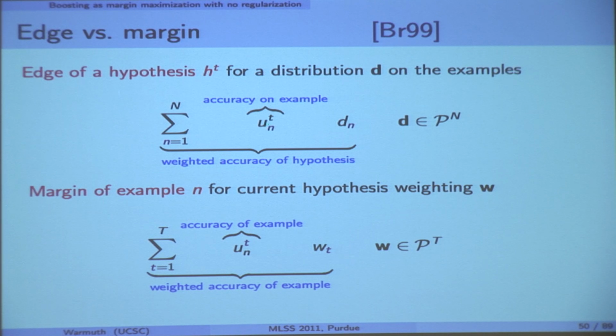This is the edge of the hypothesis t. Here, I sum over the hypotheses, the t, the number of iterations. And I'm evaluating an example. Edge of a hypothesis, weighted accuracy of the hypothesis, margin of the example. Fundamentally different.